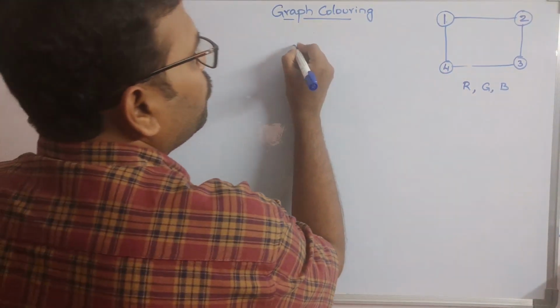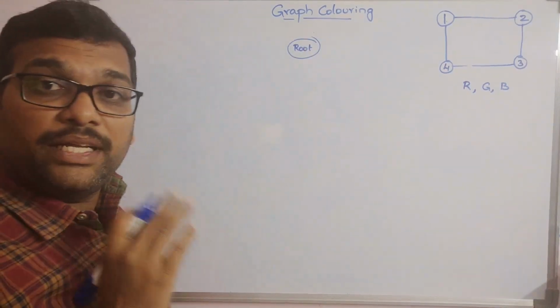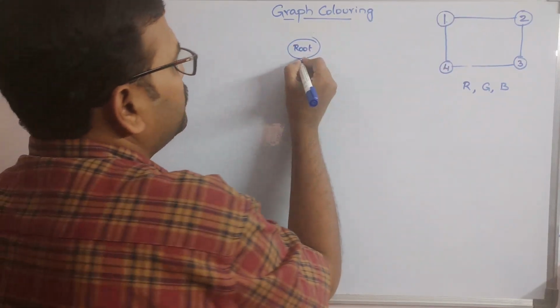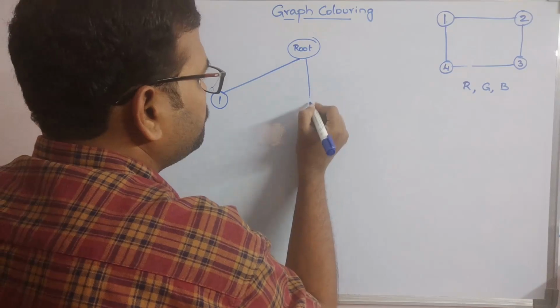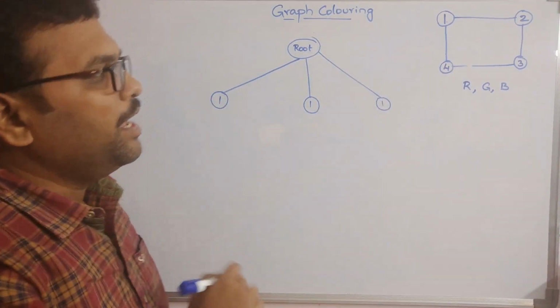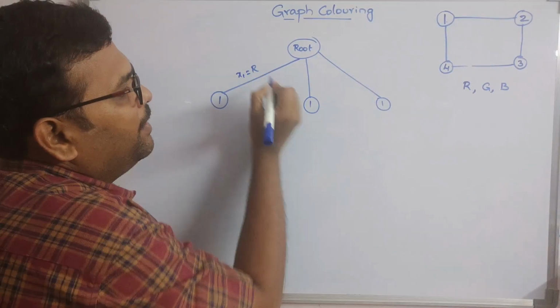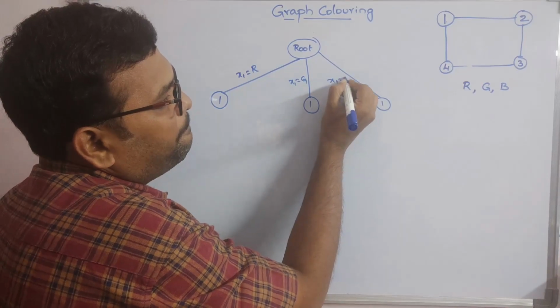So, the state space tree: first the root node. From this root node, first we have to fill node 1. We fill it with red, green or blue.